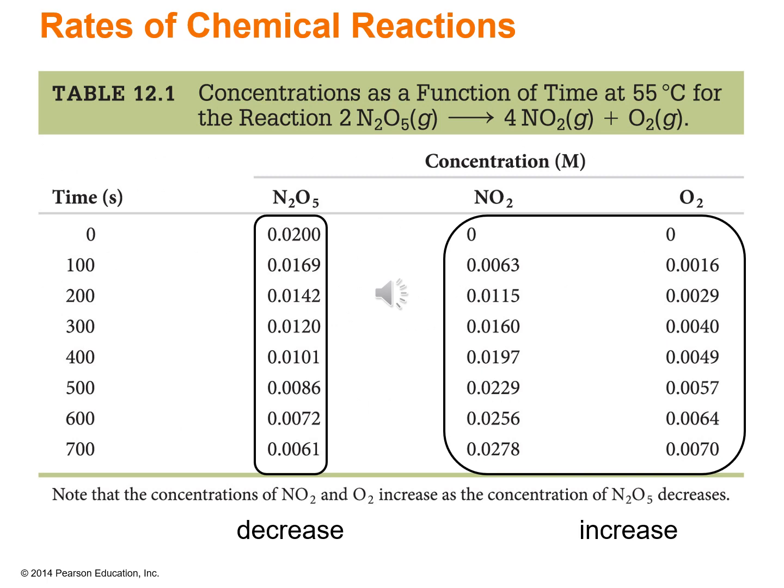In our example here, we have the thermal decomposition of gaseous dinitrogen pentoxide, N2O5, which is colorless, to give you the brown gas nitrogen dioxide, which is a common air pollutant, and also molecular oxygen, which is also colorless.